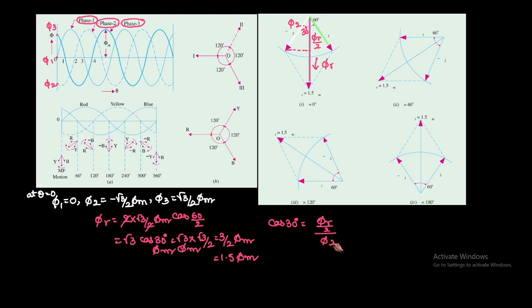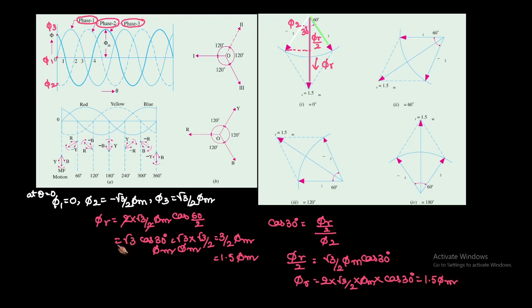You already know the phi 2 value: root 3 by 2 phi m. So phi r by 2 equals root 3 by 2 phi m into cos 30, so phi r becomes 2 times root 3 by 2 into phi m cos 30. Then you get your answer as 1.5 times the phi maximum value. So in that fashion also you can do it.